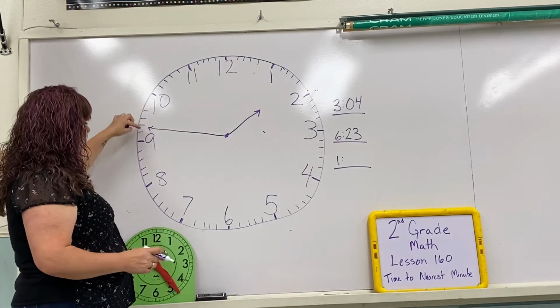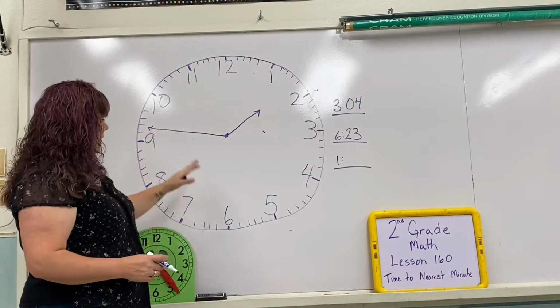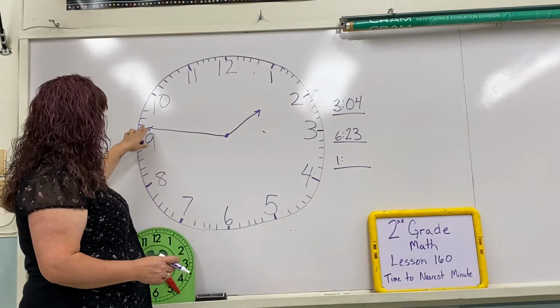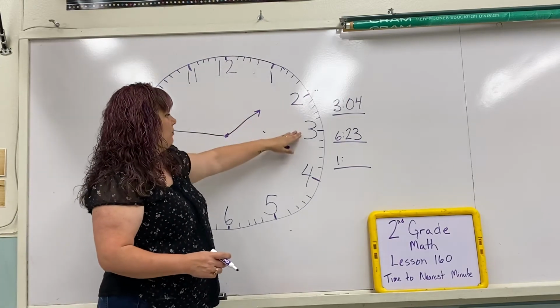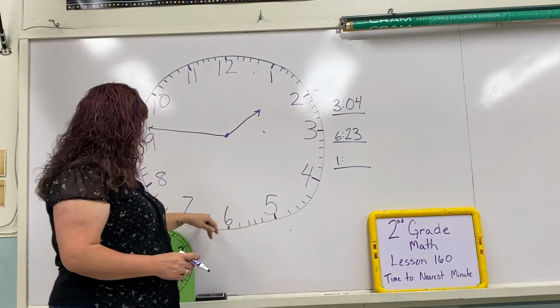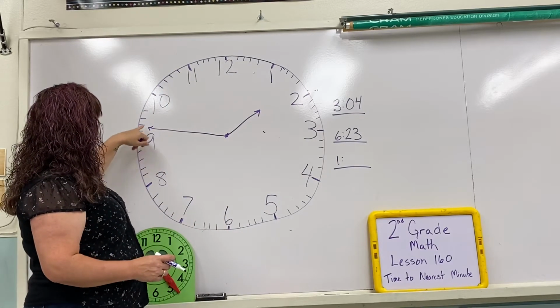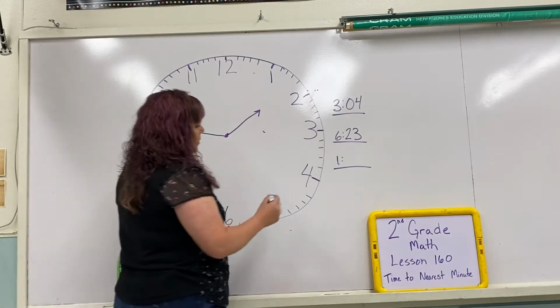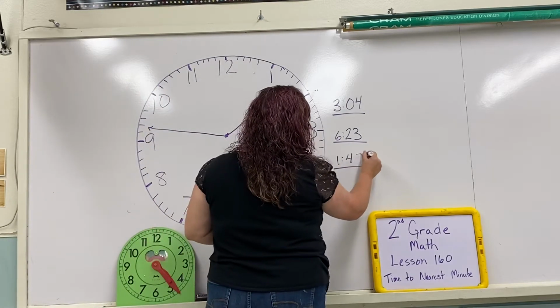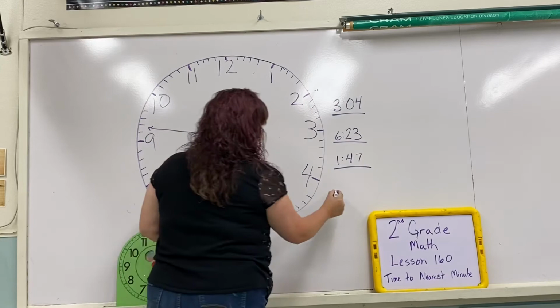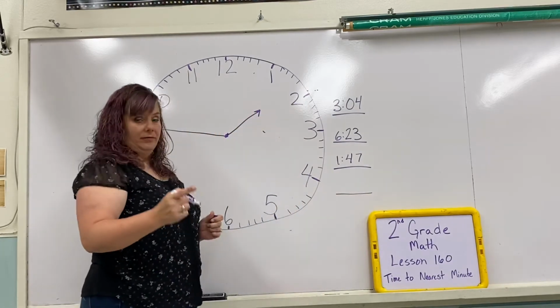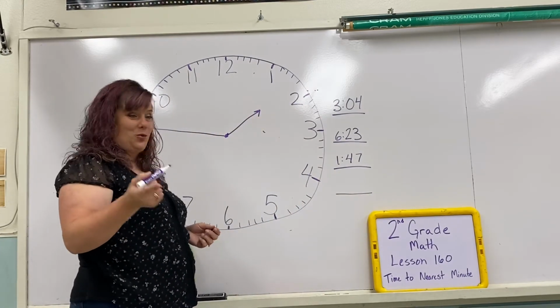It's pointing at a small tick mark. So we're going to count by 5s, and then we'll count by 1s. 5, 10, 15, 20, 25, 30, 35, 40, 45, 46, 47. 1:47. So you count by 5s until you need to switch to the 1s.